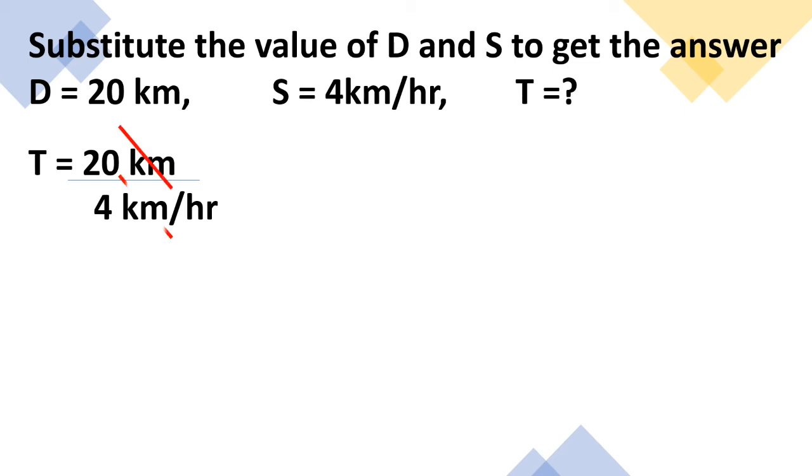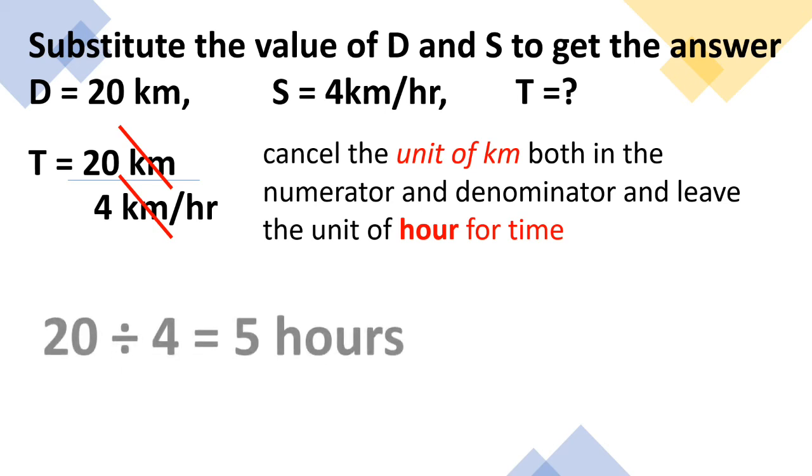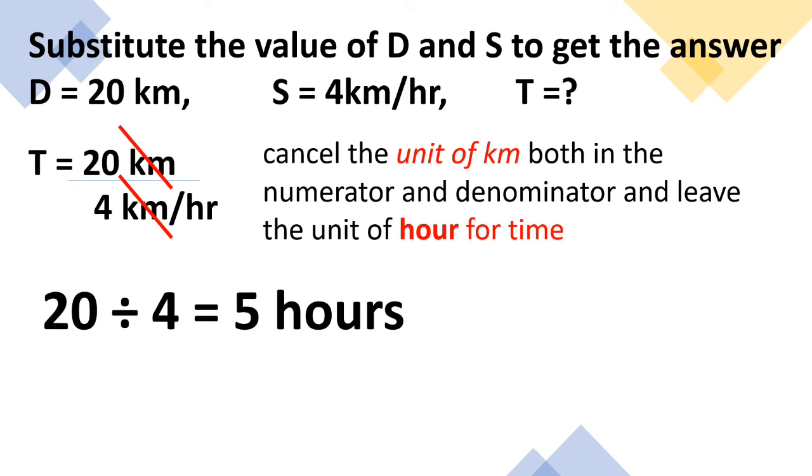What's next? We are going to cancel the unit of kilometer both in the numerator and denominator and leave the unit of hour for time. So 20 divided by 4 is equal to 5 hours.